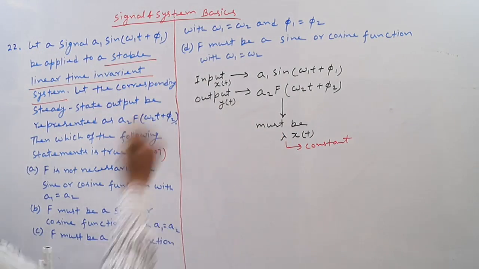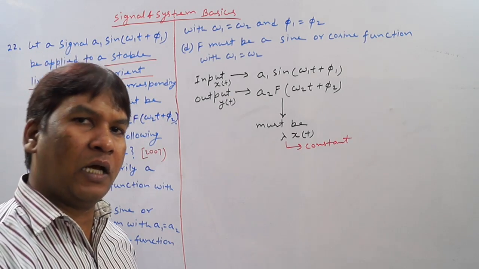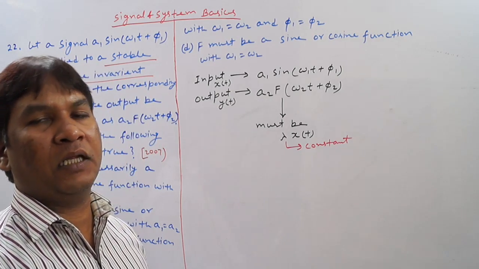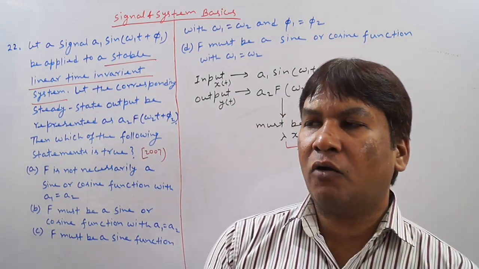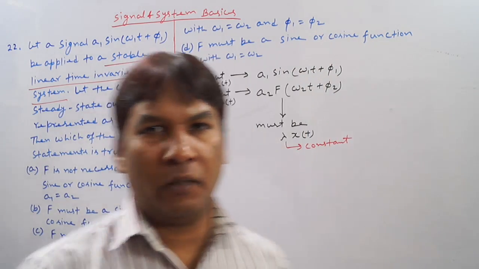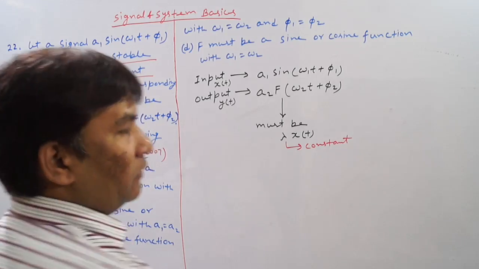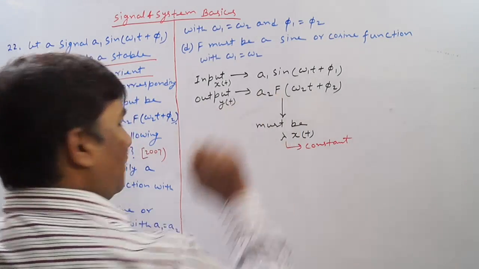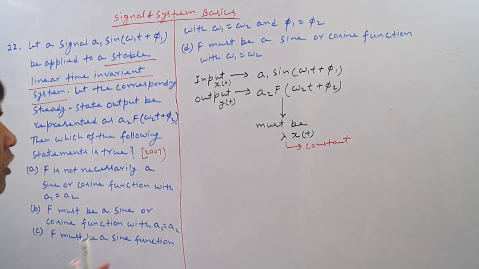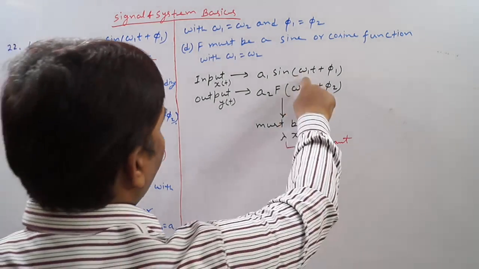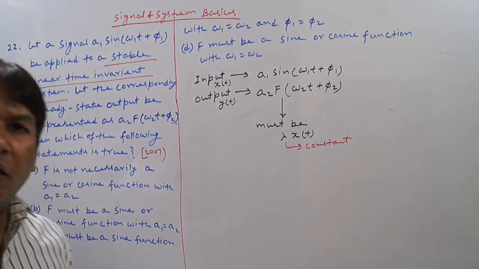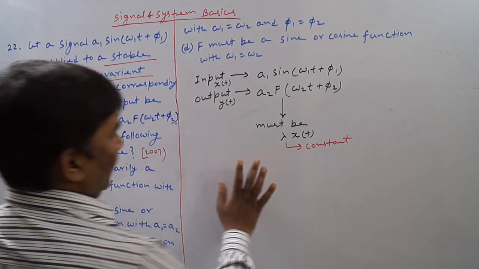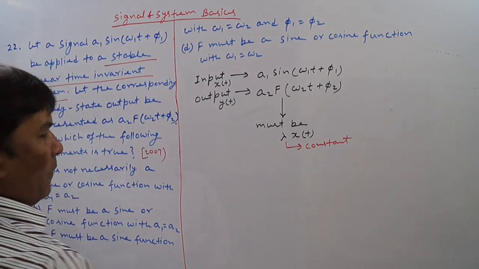So we can make any sinusoidal function cosinusoidal and any cosinusoidal function sinusoidal. Both functions, whether sine or cosine, are called sinusoidal functions. So f must be a sinusoidal or cosinusoidal function, and omega 1 and omega 2 must be equal.